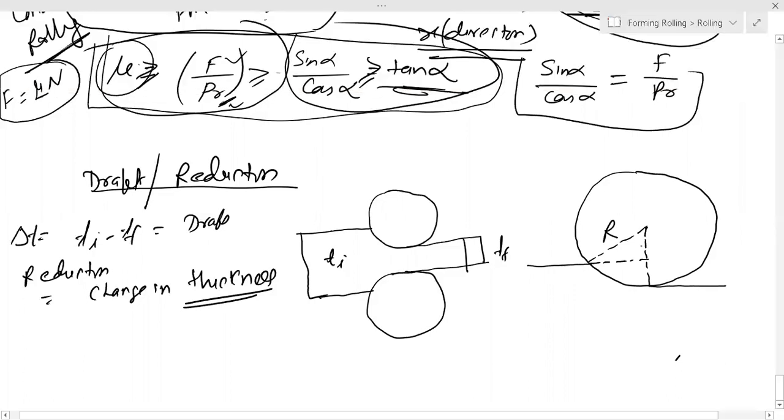This is your O, and some names I am putting here. Suppose this is your A, this is your M, and this is your D. This is your alpha. So the total change, that is delta T, is equal to, can I write 2MD? This is the change from one roll, and the second roll is there too.